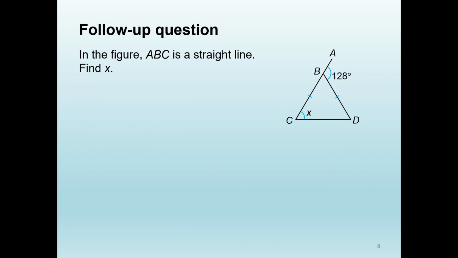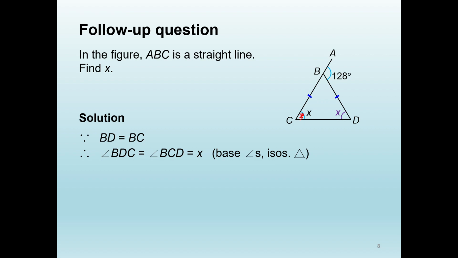Example 2. In the figure, can you find the x for me? Once again, since x is one of the base angles of the isosceles triangle, then we need to apply the base angle isosceles triangle. We need to say that the two base angles are equal, and that means both of them are x.